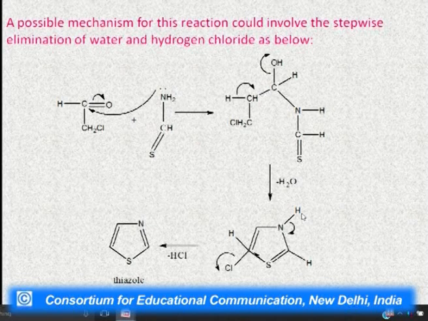Then the hydrogen attached to the nitrogen and this chlorine will go as hydrochloric acid, and we get the thiazole. So, this is a probable mechanism of this reaction.